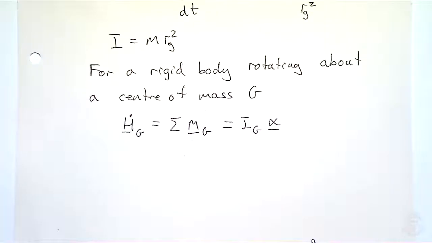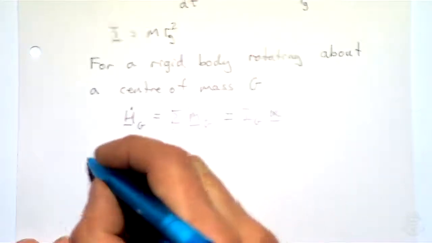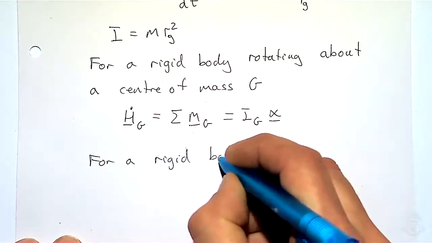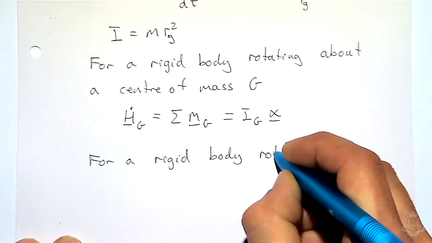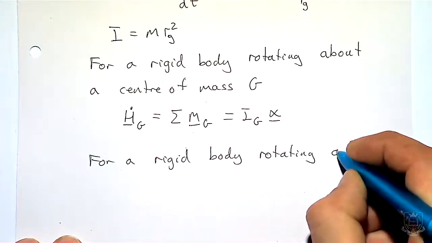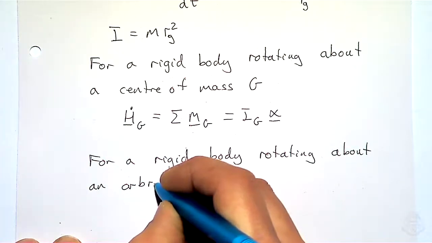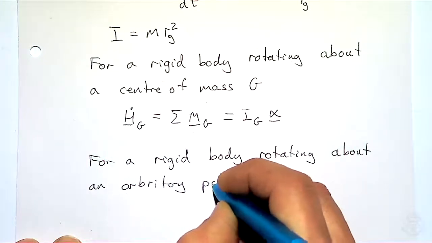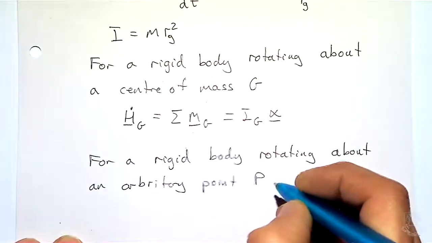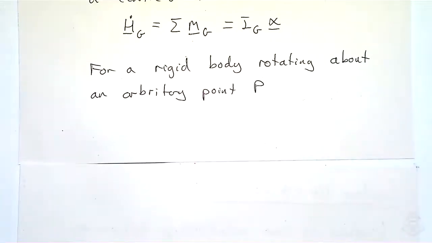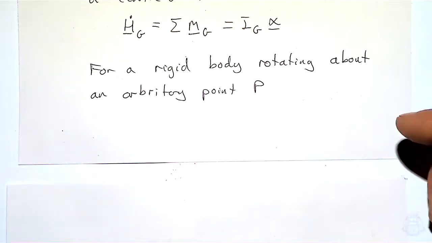So one more thing to say in general before we look at examples. If we have a rigid body, also for a rigid body, rotating about an arbitrary point P, then let's draw a diagram.